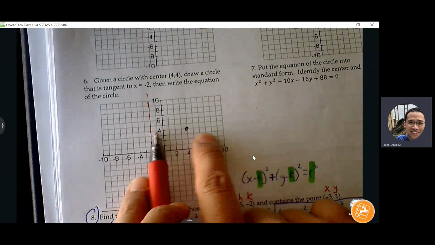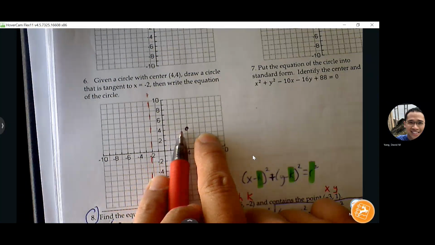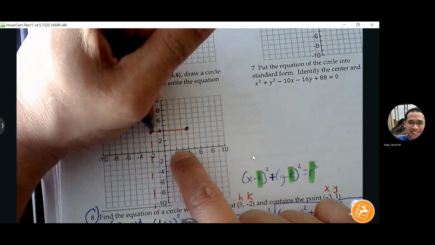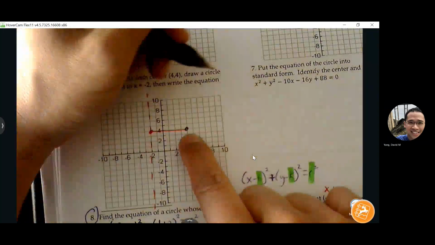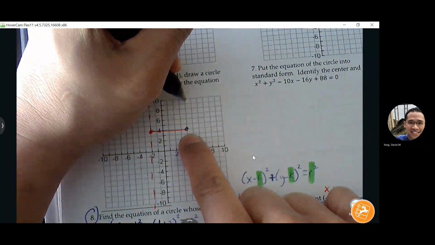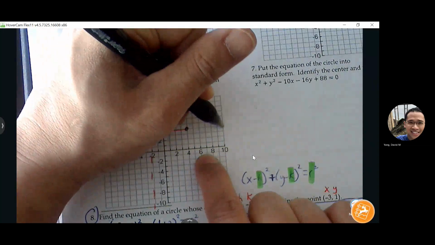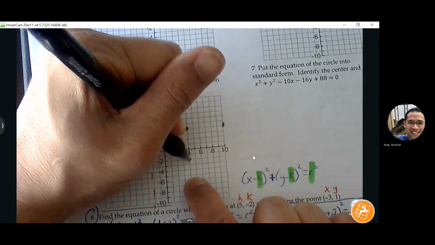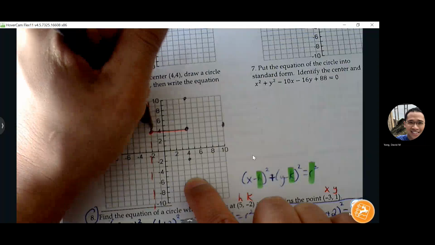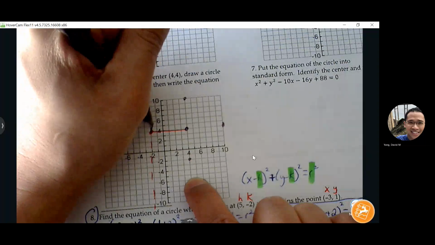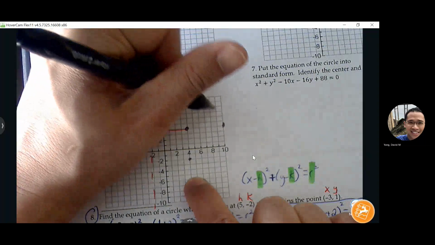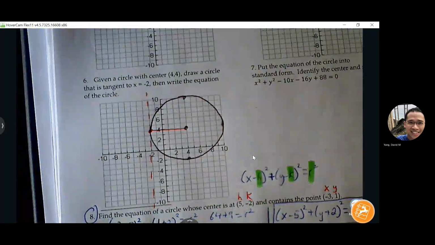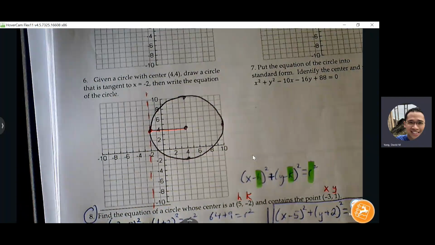So if you count the distance, you can get to the radius. What's the radius going to be here? 6, yeah. Wait, how do you find tangent of negative?